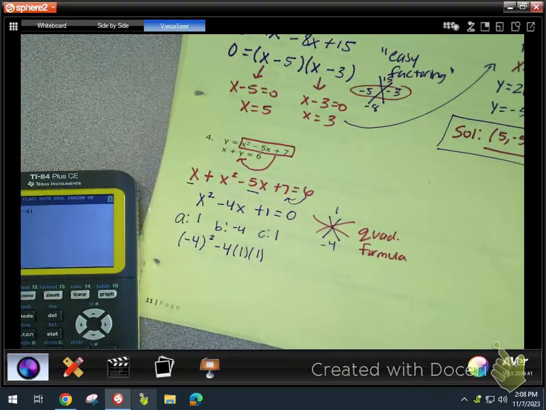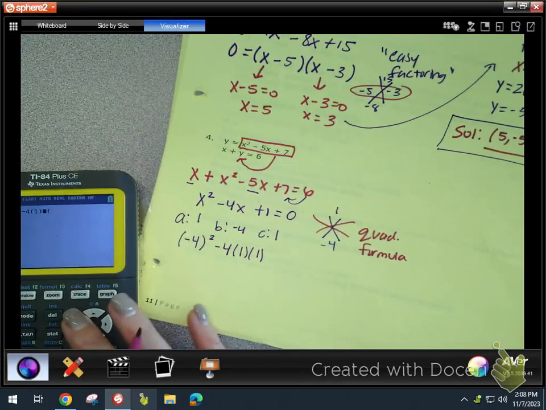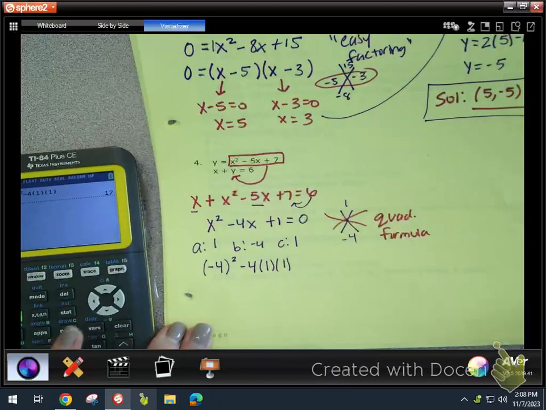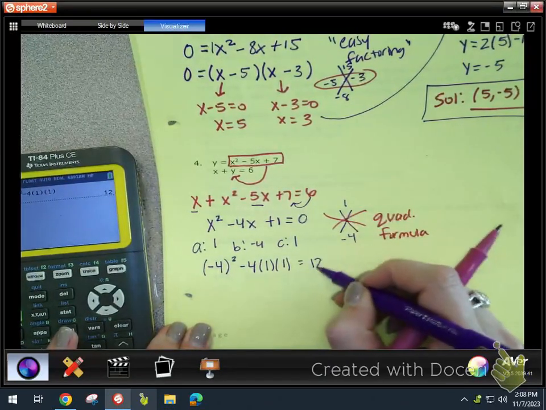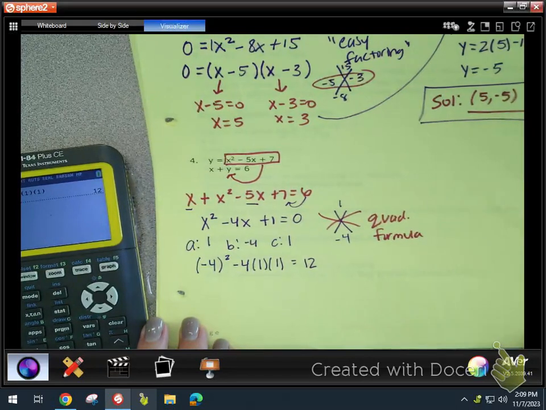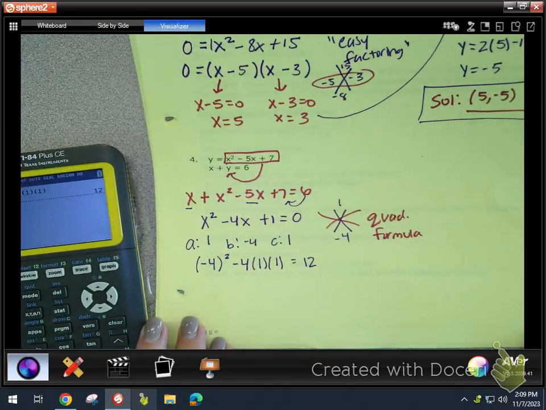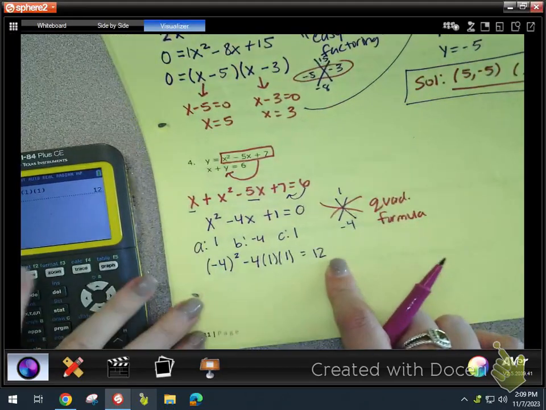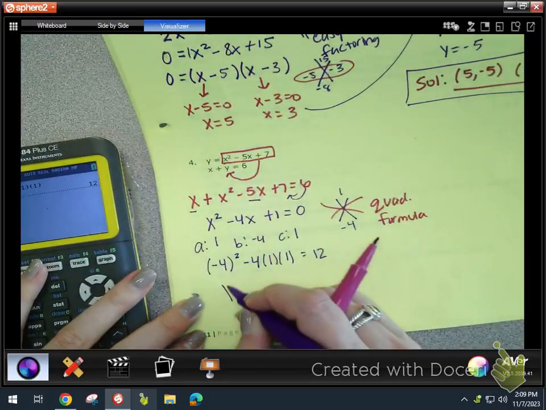We haven't done this for a little while. All right, what did we get? 12. So our discriminant is positive 12. So will we have real solutions? Yes. And how many will we have? 2.